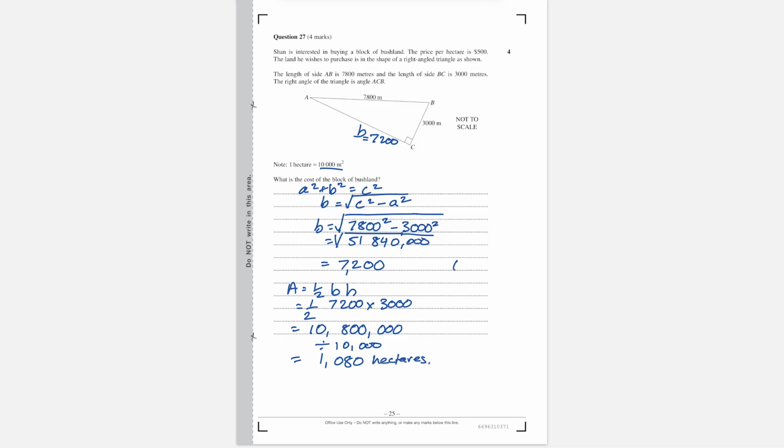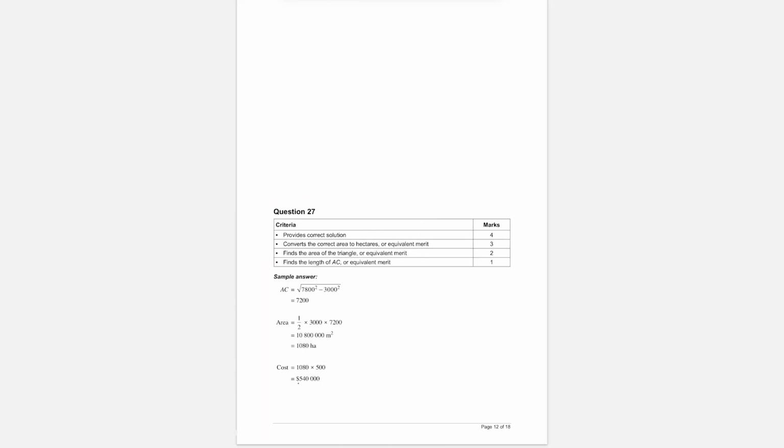Okay, and the cost is equal to 500 times 1080. So 1080 times 500 per hectare. So we get $540,000. There you have it.